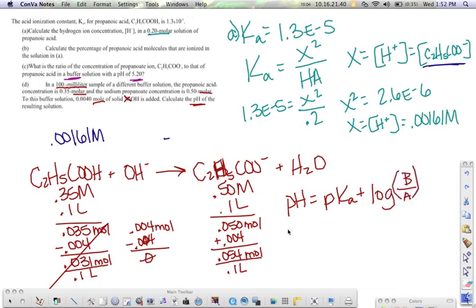So the pH is what we're calculating for. pKa is still the same because we're still dealing with propanoic acid, so 4.89, plus the log of our base concentration, which is 0.31. Our acid concentration is 0.54. It's not 0.054 because I divided it by the volume that I had, the 0.1 liter. And you plug this calculation into your calculator, and you get that the pH is equal to 5.13.